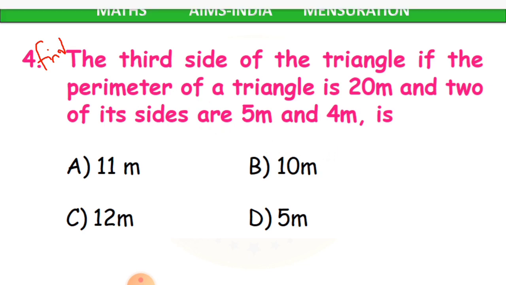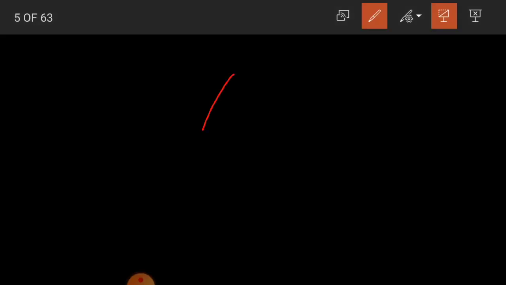The third side of a triangle. Triangle, we have 3 sides. Yes or no? What are they saying? The perimeter of the triangle is 20 meters. One side is 5 meters and the length of the other side is 4 meters. Now we have to find out the length of this third side.